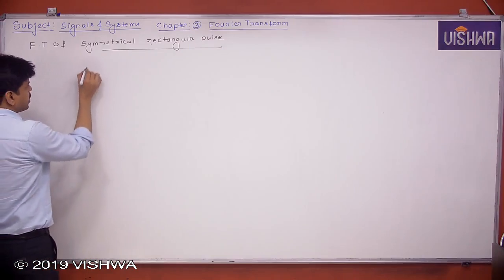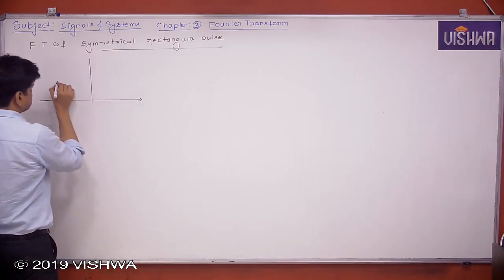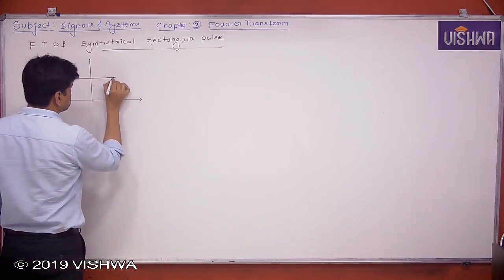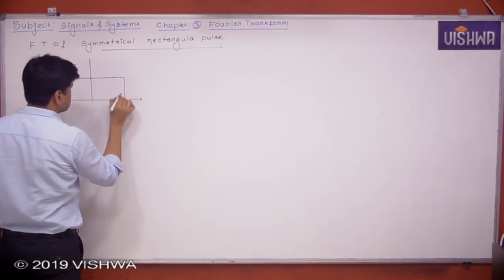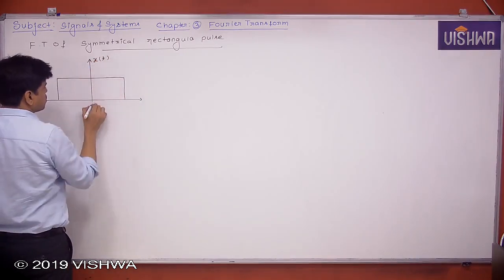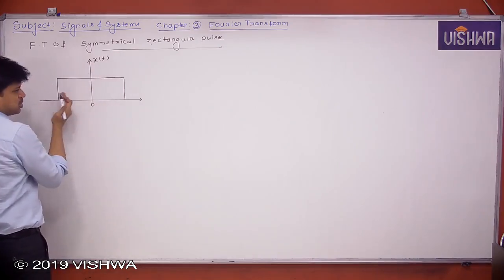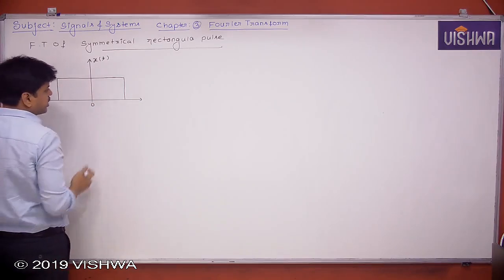What do you mean by a symmetrical rectangular pulse? This is the symmetrical rectangular pulse. It is symmetrically located with respect to the y-axis. That means the distance from the axis on this side has to be the same.